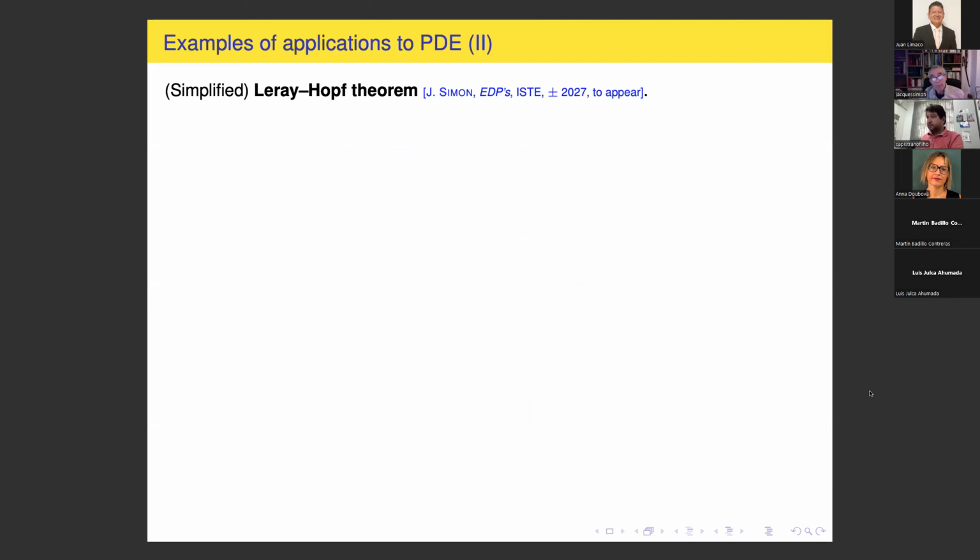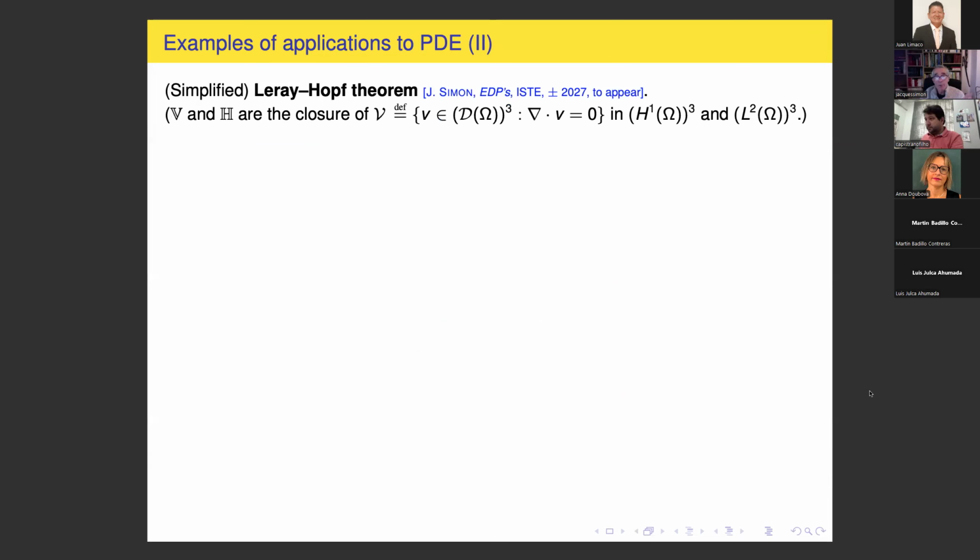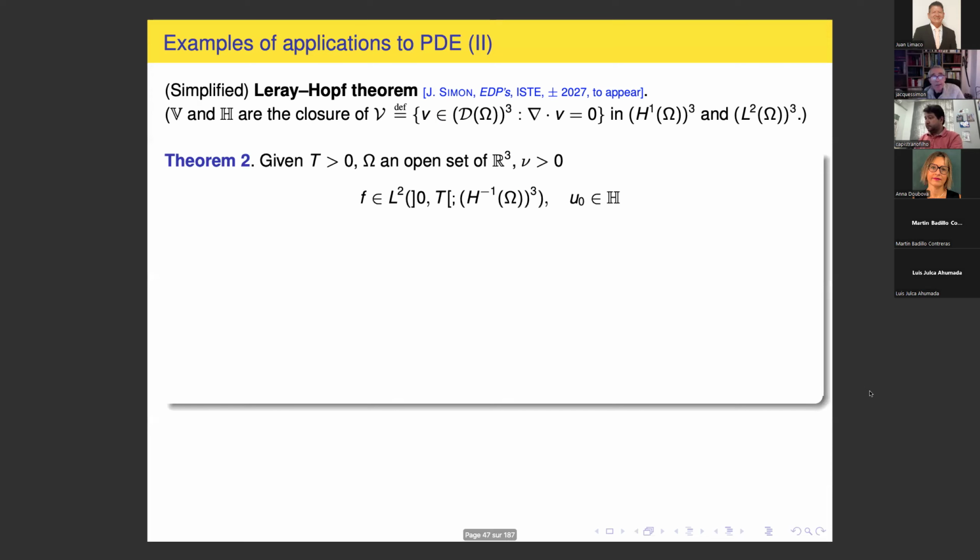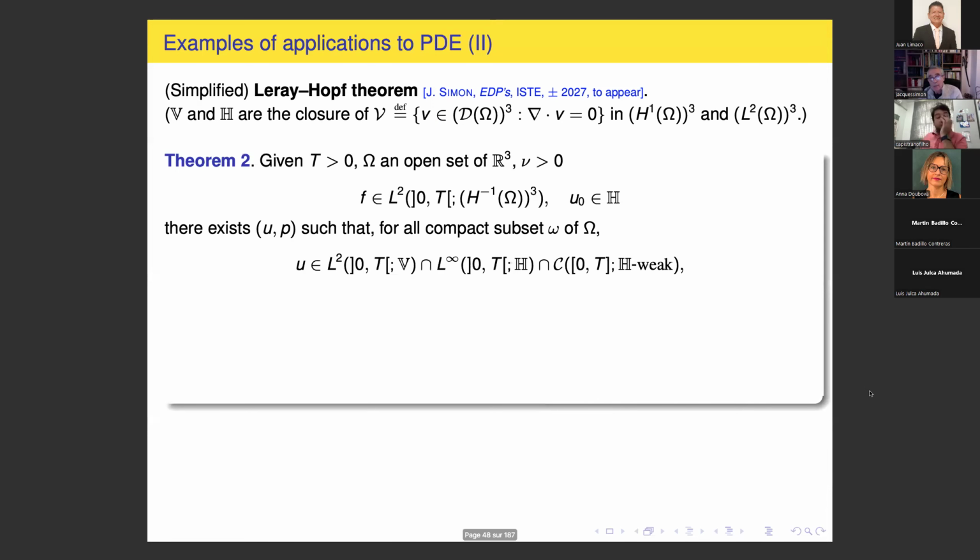The other thing is the Leray-Hopf theorem for the Navier-Stokes equation. V and H are the closure of this subset. This is classic. We consider this, and we find a solution U in L2 of 0,T with values in V and in L infinity of 0,T with values in H, and it is continuous in H weak.